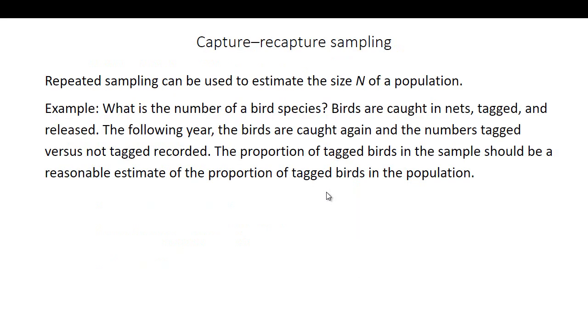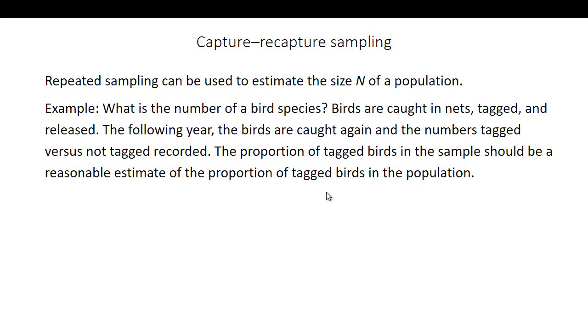Okay, the last slide, capture-recapture sampling. So repeated sampling can be used to estimate the size of a population. So let's say we want to know the number of a bird species. So what we can do is we can catch some of the birds and we can tag them and release them.